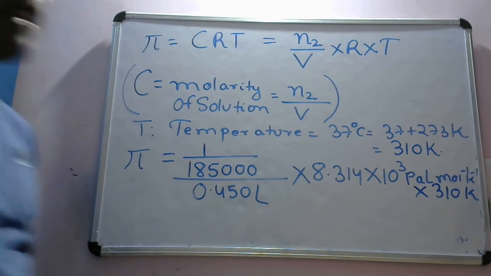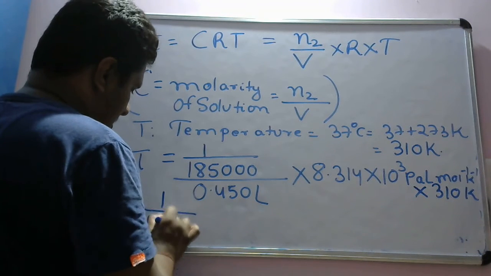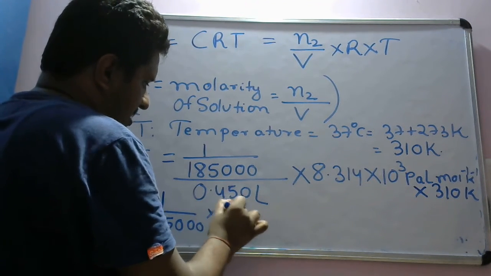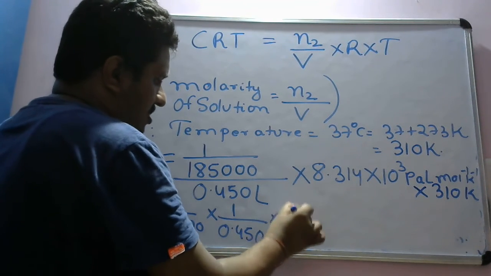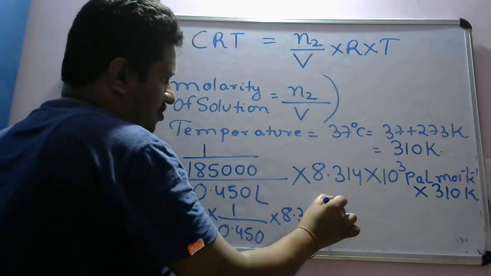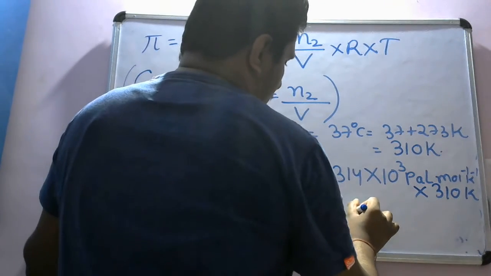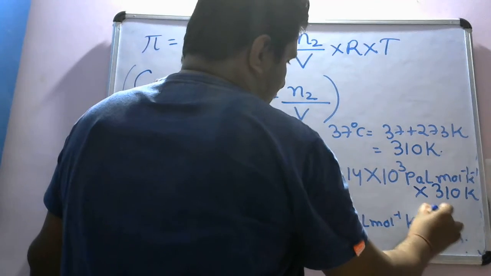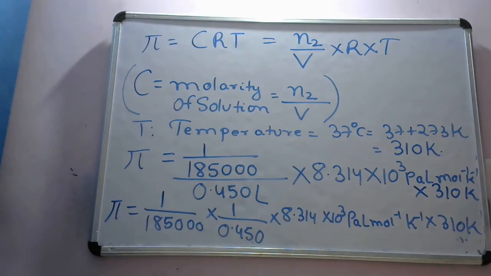We can simplify it further: 1 by 185,000 into 1 by 0.450 into 8.314 into 10 to the power 3 Pascal liter mole inverse Kelvin inverse into 310 Kelvin. Simply we took the reciprocal.